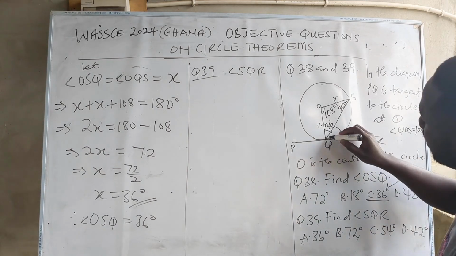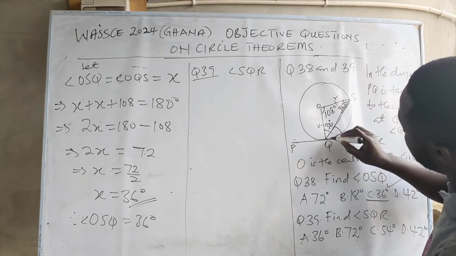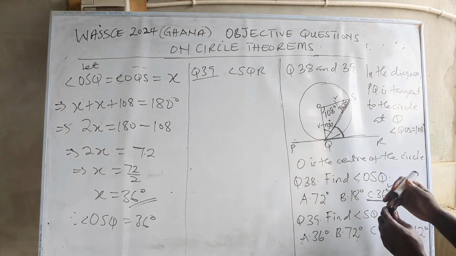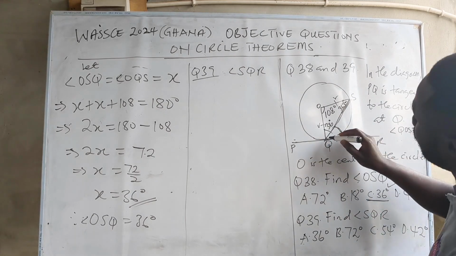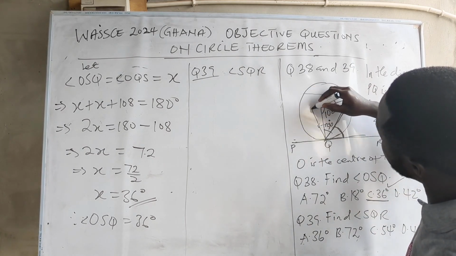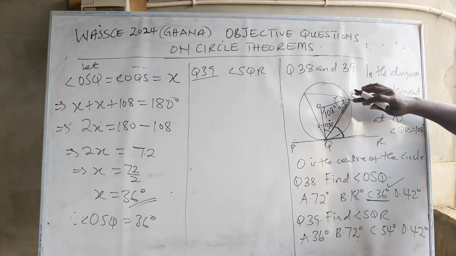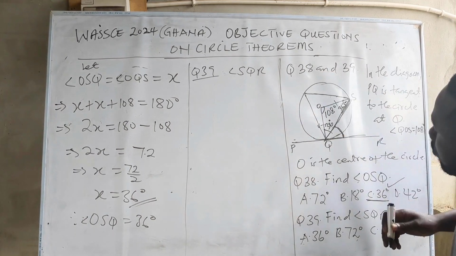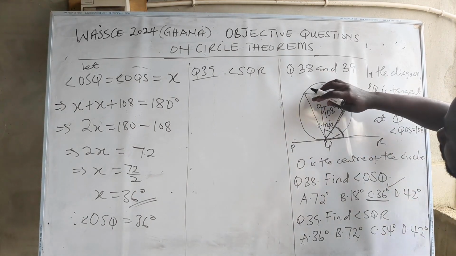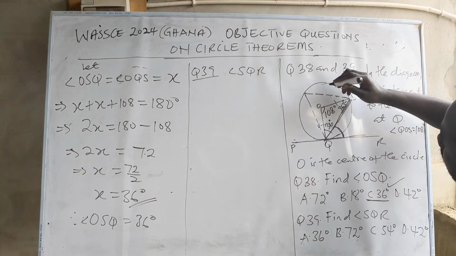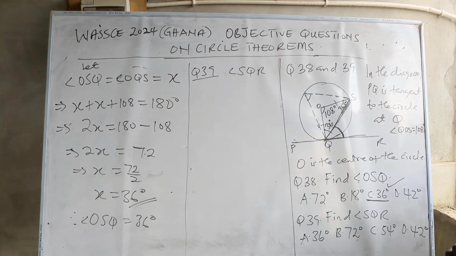So the angle between a chord and a tangent, which is the angle SQR, is the same as the angle this chord will subtend at the circumference of the circle, which is this particular angle here.